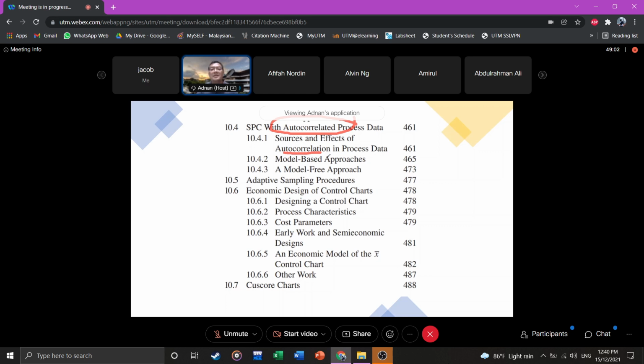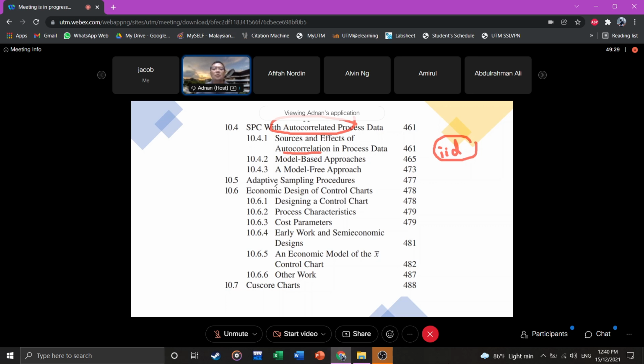In a typical control chart, our assumption is that the data is independent and identically distributed. The data that we have is IID. This is our assumption. But we found out that when it is running in automation, this IID is not fully satisfied.